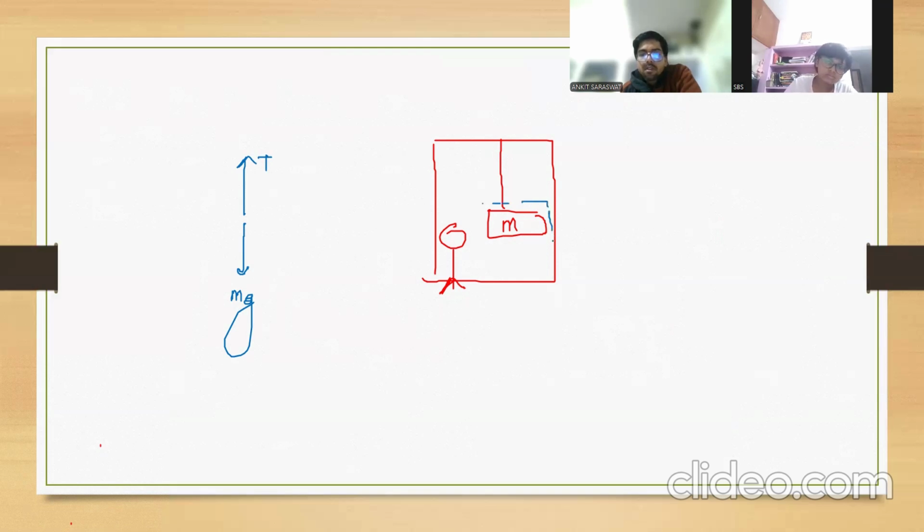So this is my object on which I am going to apply Newton's law. Multiply acceleration of the observer as seen from the ground. Clear? And its direction is opposite. Like this. This m a naught is what? Pseudo force.